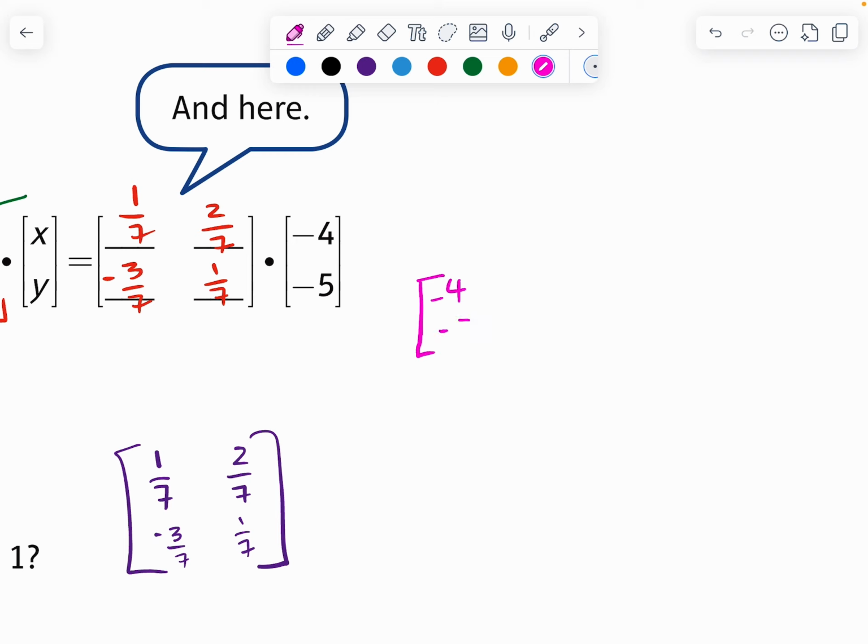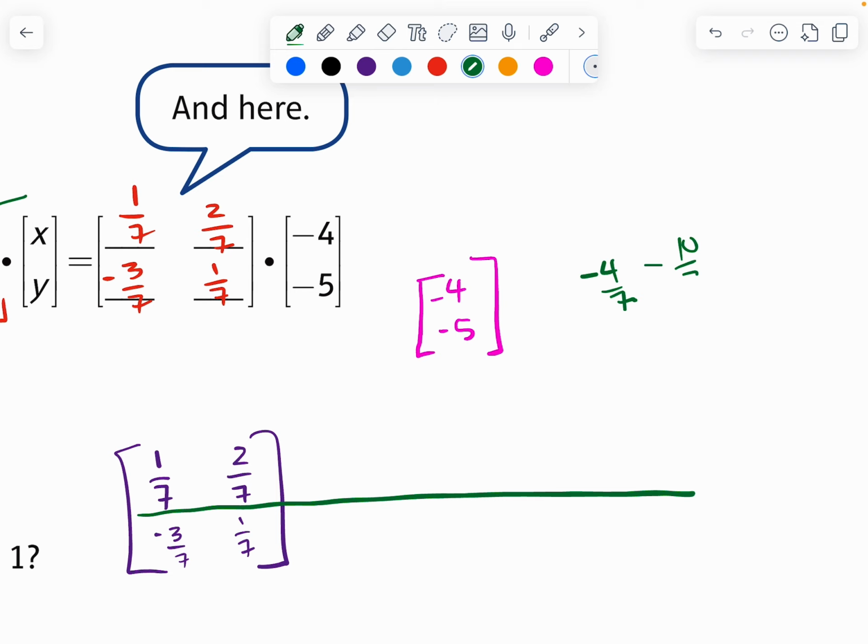Negative 4, negative 5, and okay, so that's going to get me negative 4/7 minus 10/7. So it's going to get me negative 14/7, which is going to get me negative 2.